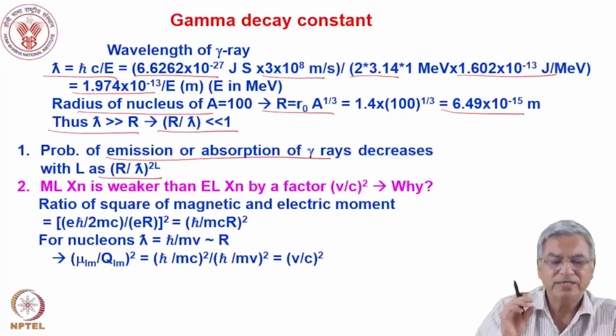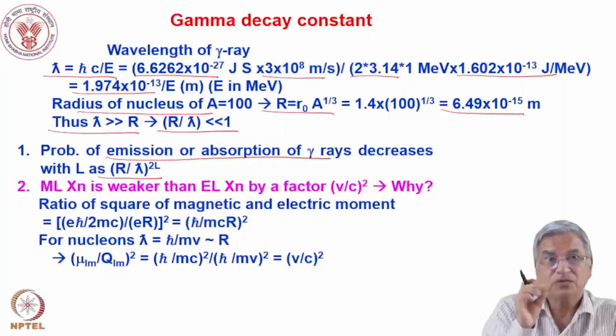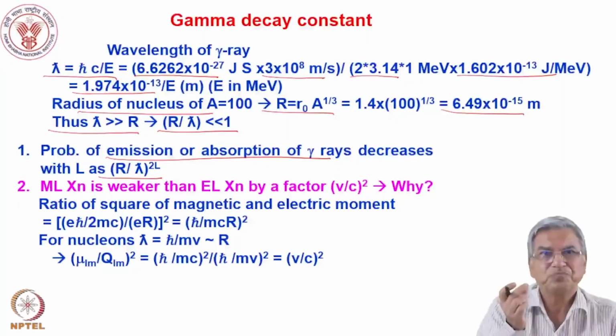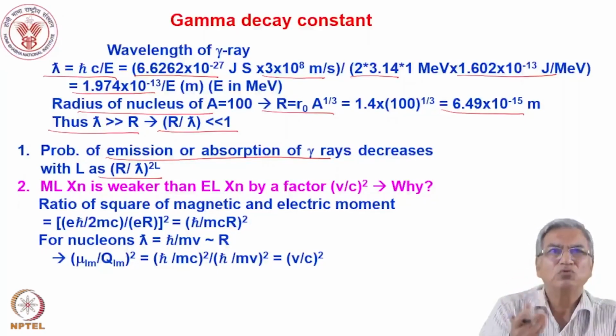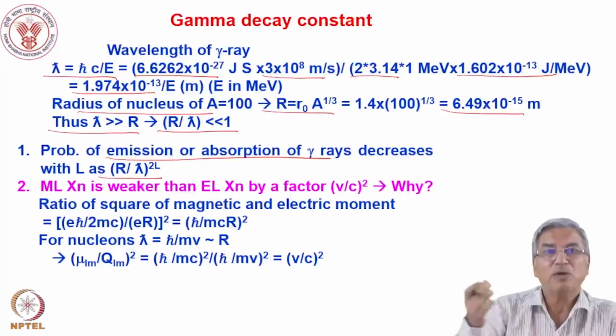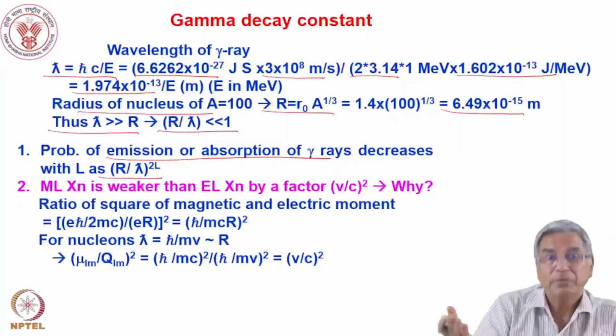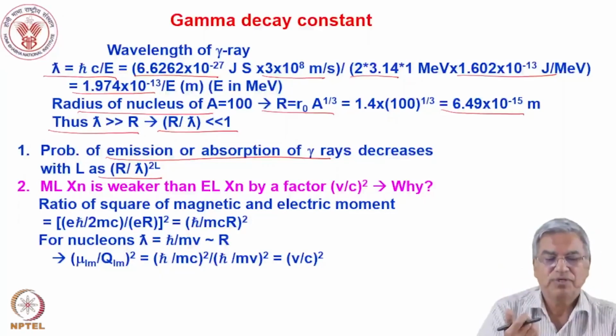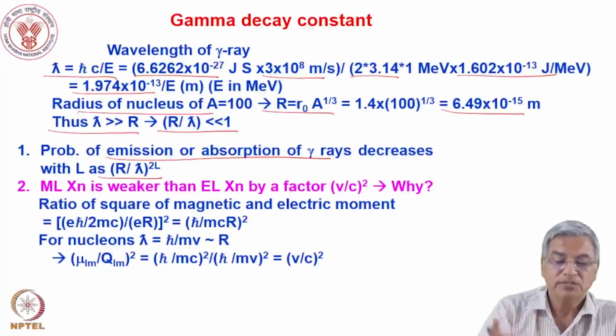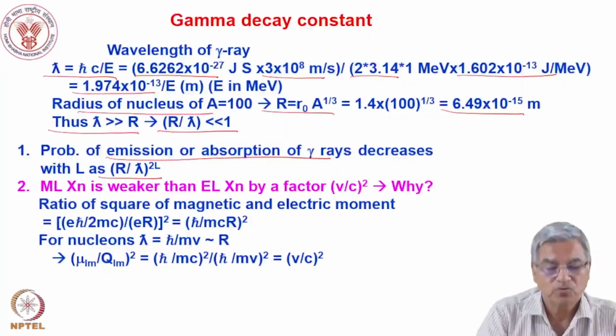Essentially, the wavelength of the nucleon inside the nucleus can be compared with the nuclear dimensions. The radius of the nucleus is similar to the wavelength of the nucleon, and the wavelength of the gamma ray is of the order of lambda, which you can calculate. So r by lambda cross dictates the ratio of the wavelength of the nucleon to the photon, and the probability of emission or absorption depends upon this ratio of the two wavelengths.